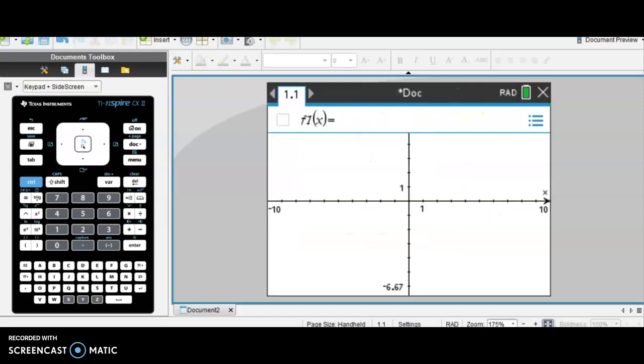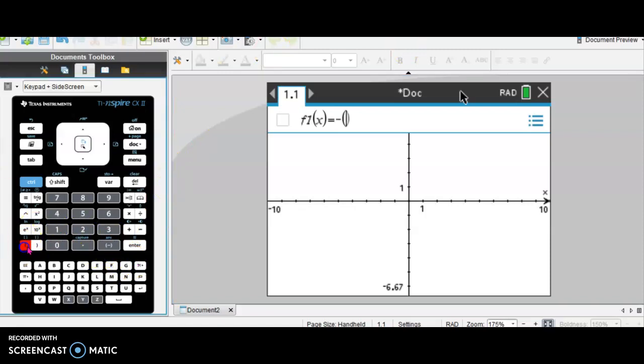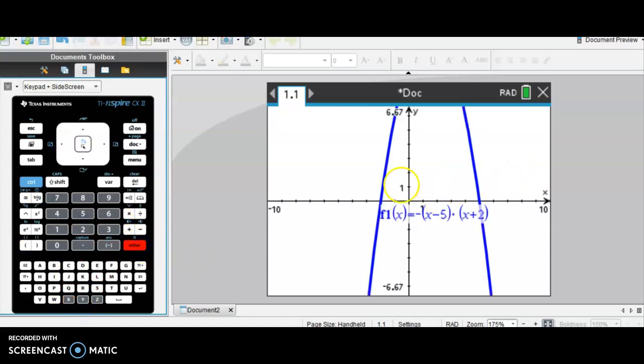Notice f of x equals or y equals is already there, so I'm going to type in the equation myself. The equation is negative, not minus, negative, parentheses, x minus 5, close parentheses, open parentheses, x plus 2. Hit enter. You can see the graph, but the most important thing really for you is the table.